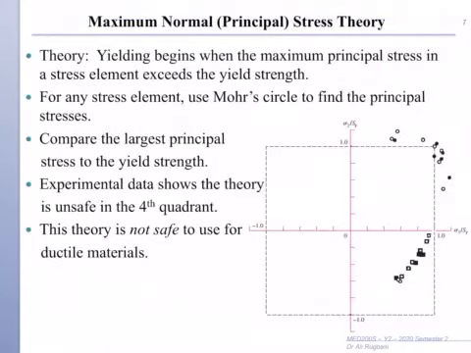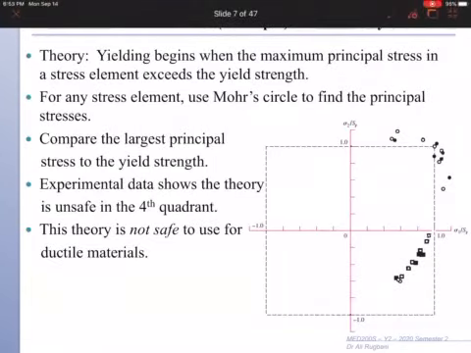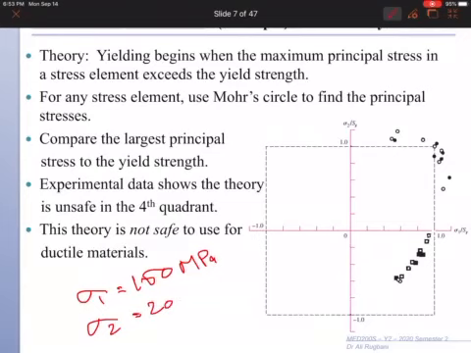Okay, so this first, simple failure theory will say, let's say I have principal stress sigma 1 of 150 megapascal and sigma 2 of 200 megapascal.